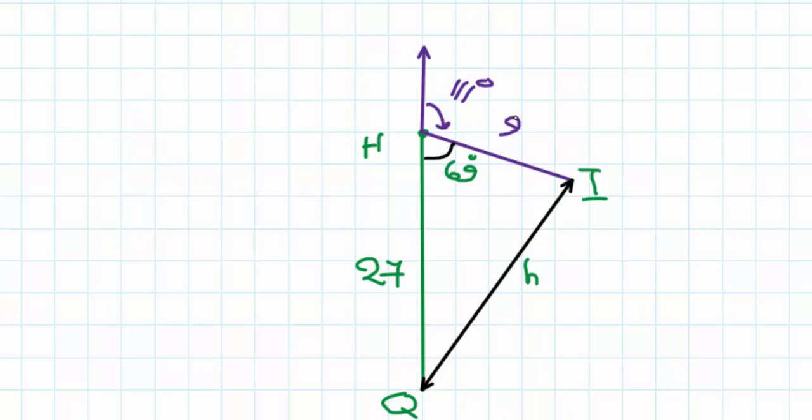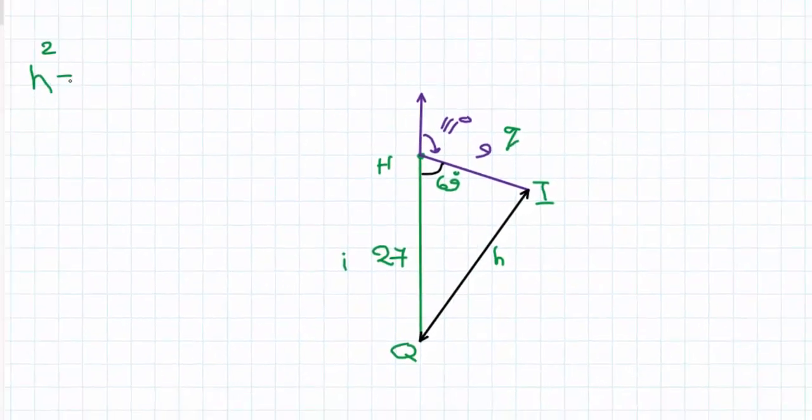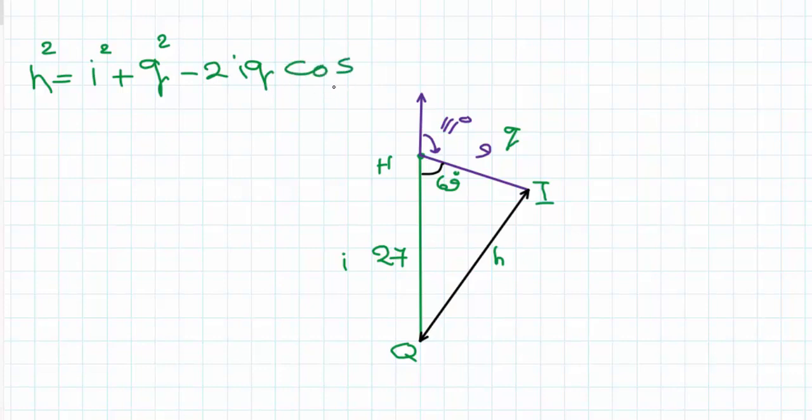So the name of this side will be q small, and the name of the other side will be i small. Now let's use the cosine rule to find this missing side. What's missing is h small, so h squared is equal to i squared plus q squared minus 2iq cosine of 69.